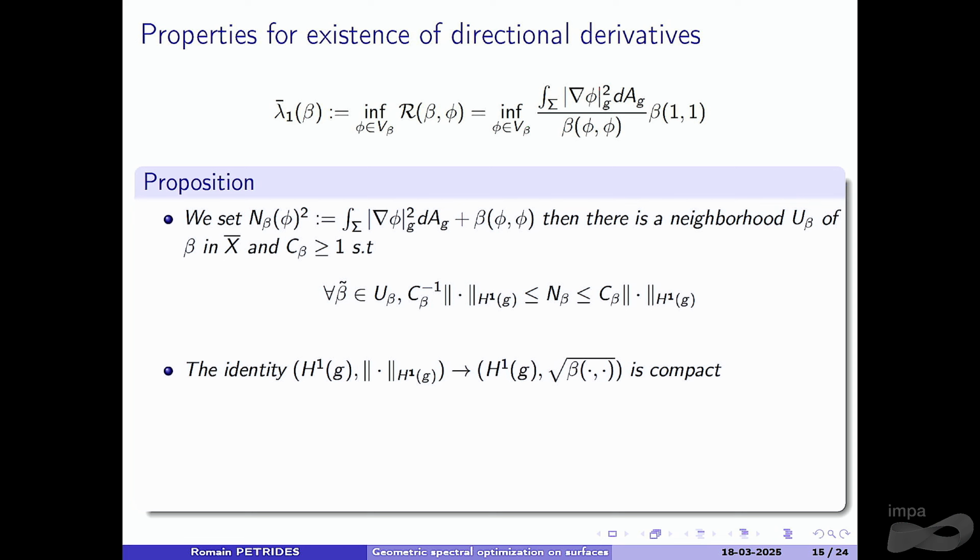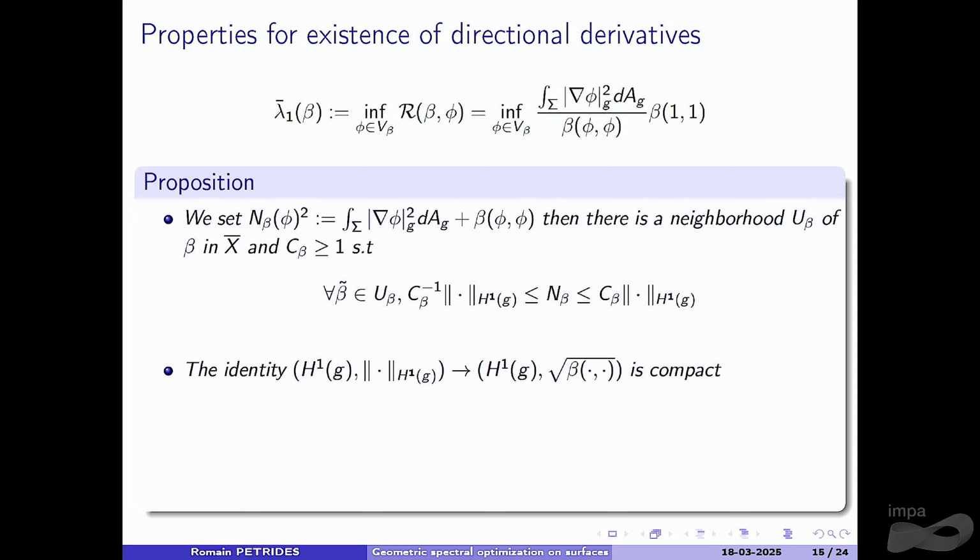Your eigenvalue is defined as an infimum of something, so there is a variational problem that is hidden. And in order to have a convergence of a minimizing sequence for this, you need a compact injection of H1 into L2. And this is exactly the compact injection you want.